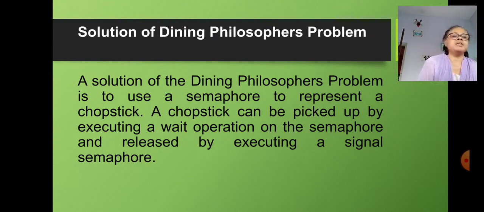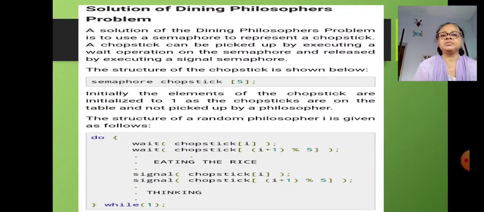Several possible remedies to the deadlock problem are listed. Allow at most 4 philosophers to be sitting at the table. Allow a philosopher to pick up his chopsticks only if both are available; to do this, he must pick them up in a critical section.